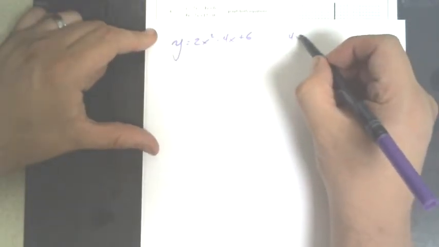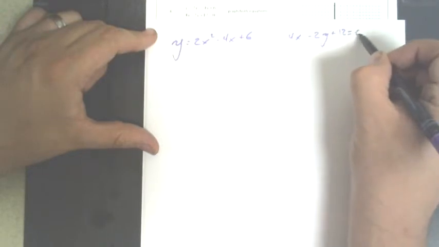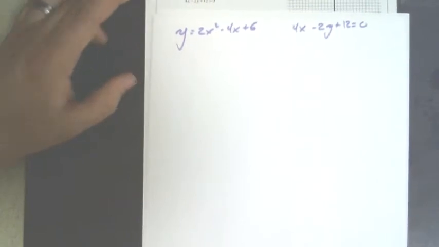If you've got 4x minus 2y plus 12 equals 0, you should know how to graph that. And then you can find the graphical solutions with your calculator. You can find your graphical solutions by hand. And you can find solutions to this using substitution method or elimination method.